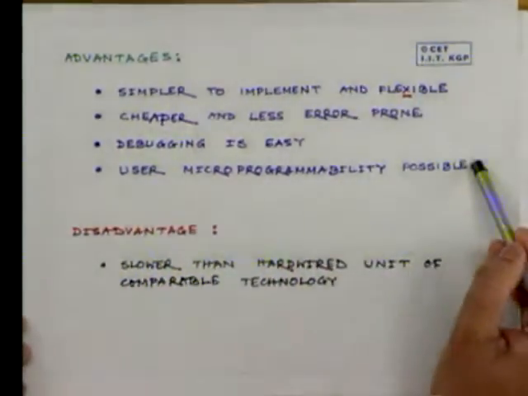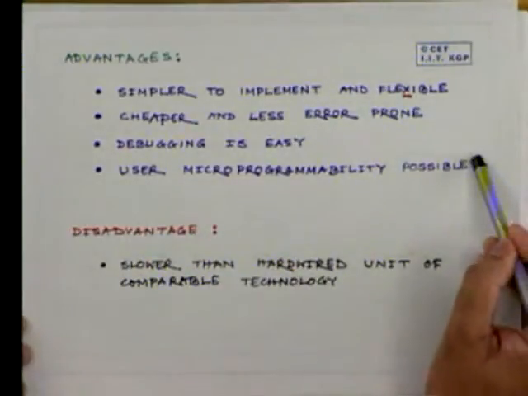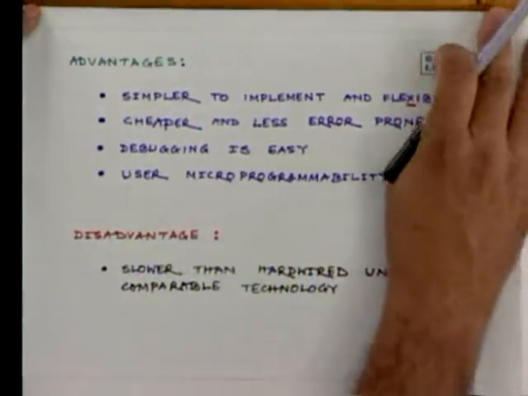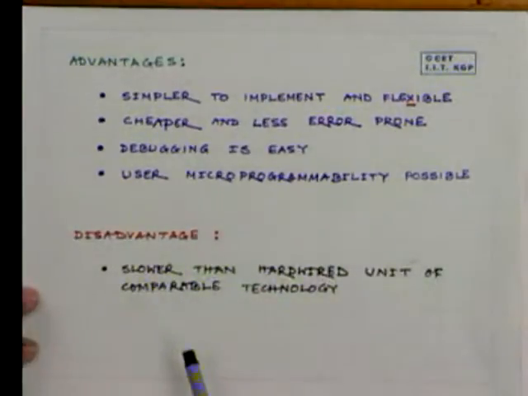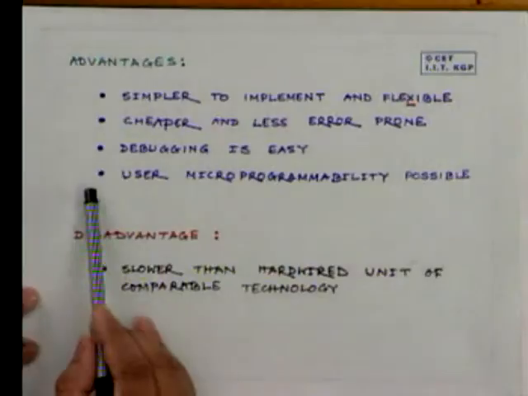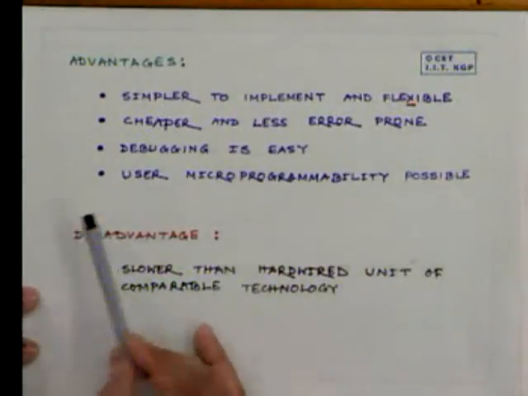But this is a very important feature sometimes, if you have to have your machines custom tailored, but generally computers are not custom tailored. You can have some control units, such as control units of instruments, which can be user microprogrammed, and that can be very useful and helpful also.